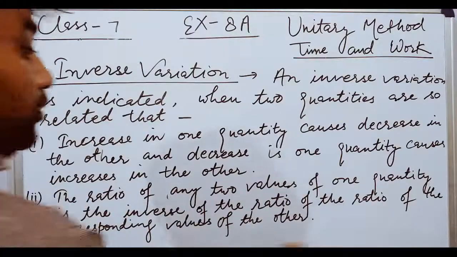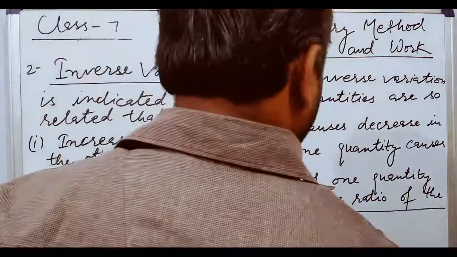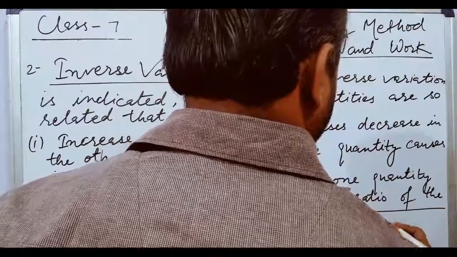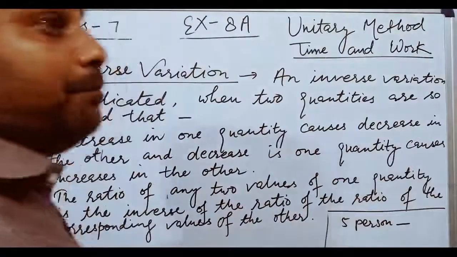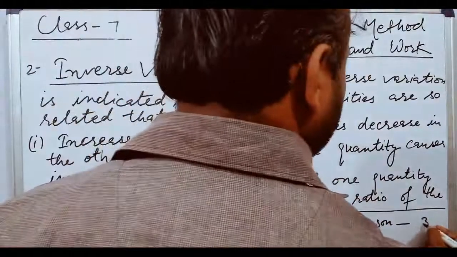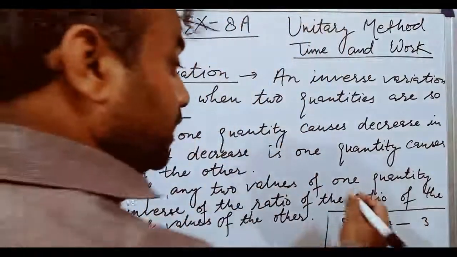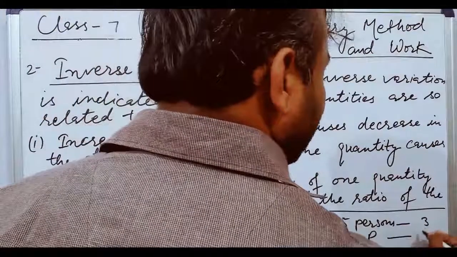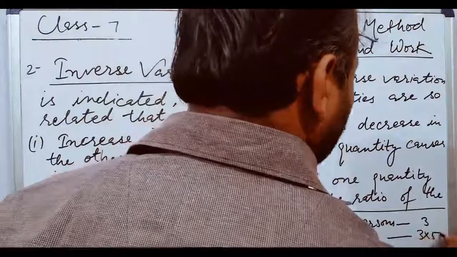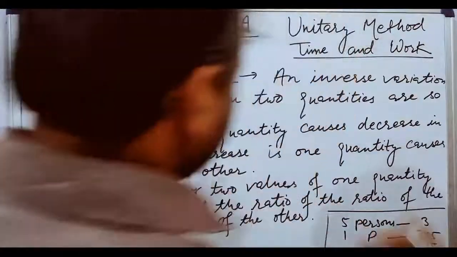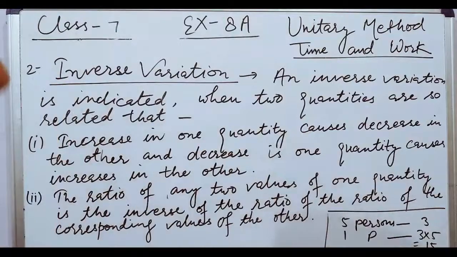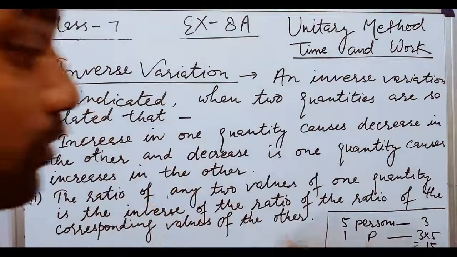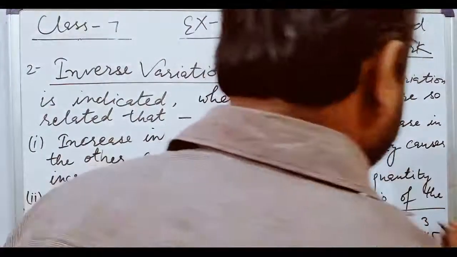Suppose 5 persons built a house in 3 days, then one person will take 3 into 5. In direct variation we would do 3 upon 5, but no, we can't do 3 upon 5 days.